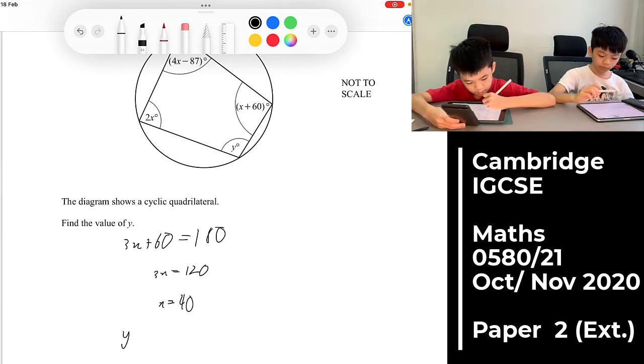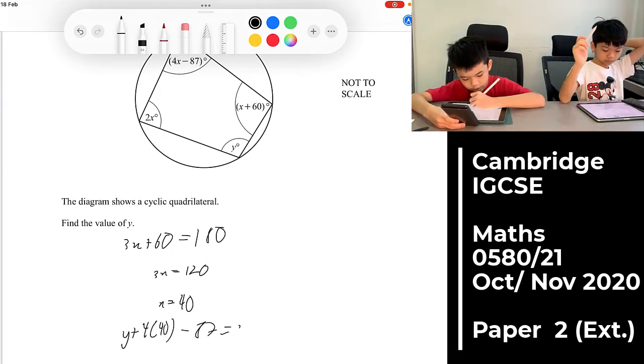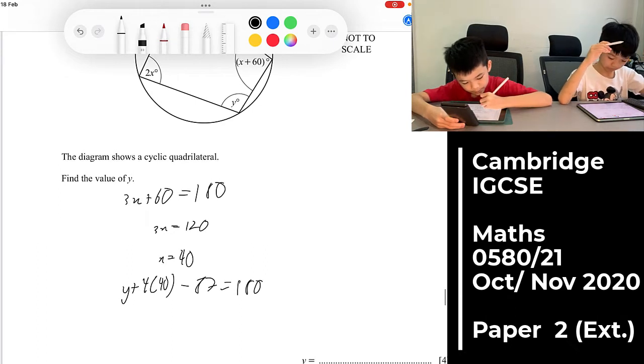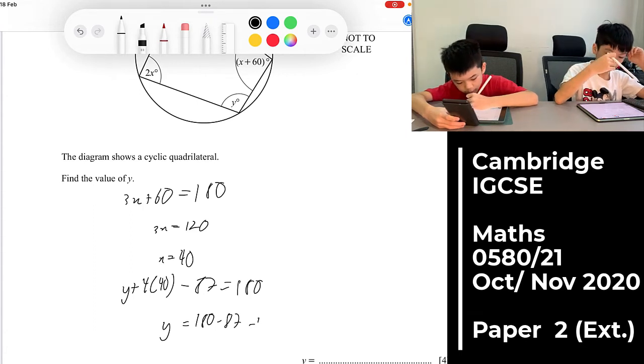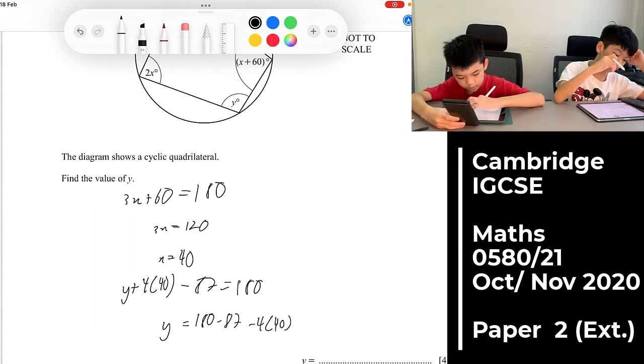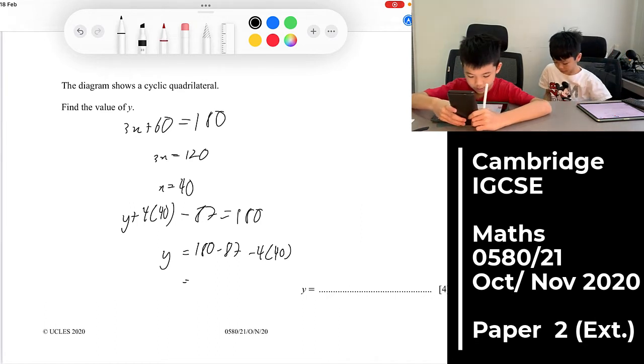So x plus 4x, 40, minus 87 equals 180. Y equals 180 minus 87 minus 40.